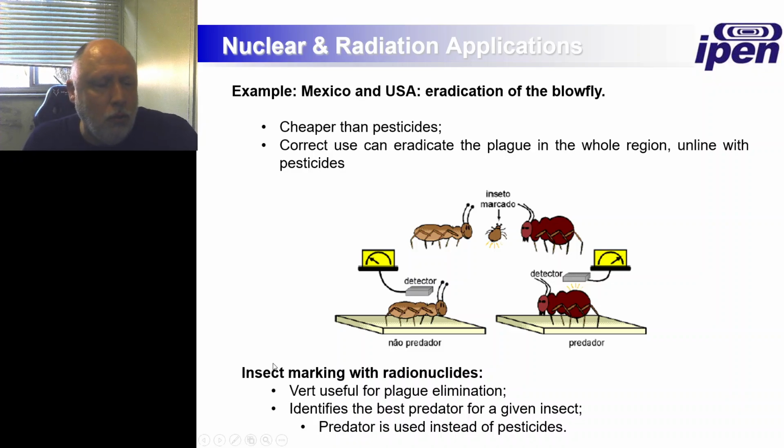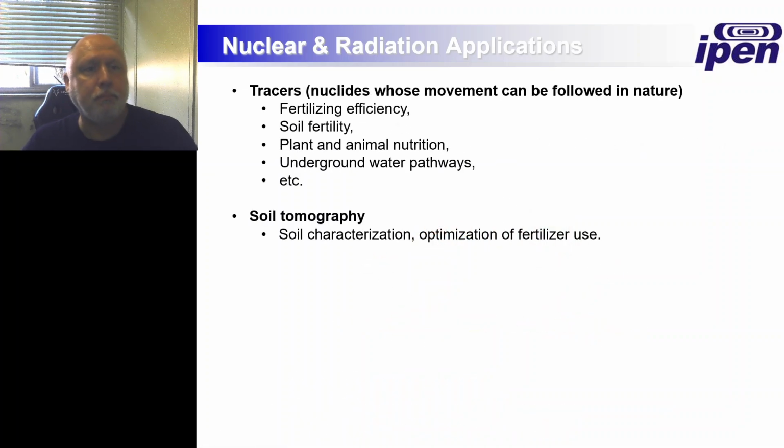So this idea of marking insects with radiation is usually a very good way to eliminate a given insect from a region. And now talking more about what we can do with tracers. We can verify, for instance, fertilizing efficiency.